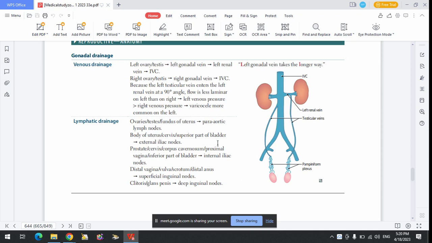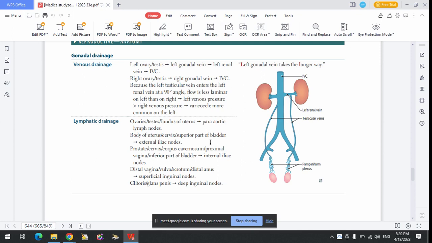lymph node. So guys, if they put lateral aortic, is it the same thing as para-aortic? Yes, it's the same. Para is just by the side. So if you see lateral aortic, that is what you should pick.